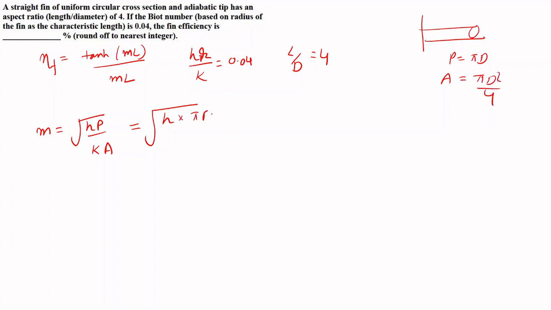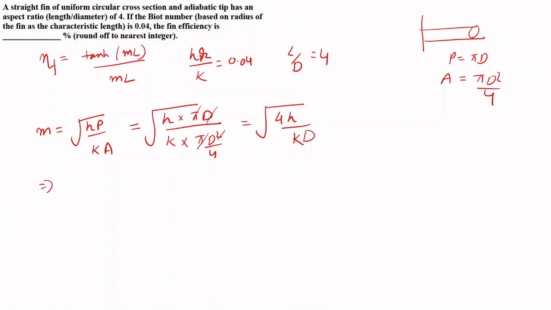P is pi d, k into area is pi d square by 4. So pi will become cancelled. So d will be the denominator: 4h upon kd.